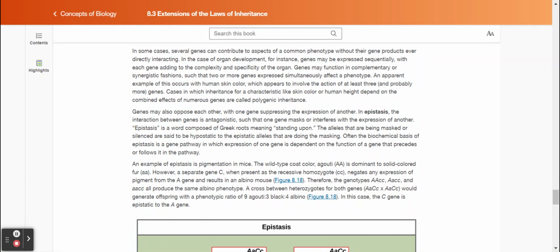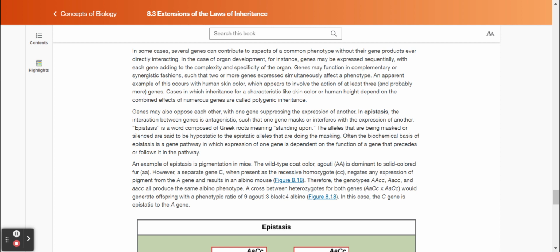In some cases, several genes can contribute to aspects of a common phenotype without their gene products ever directly interacting. In the case of organ development, for instance, genes may be expressed sequentially, with each gene adding to the complexity and specificity of the organ. Genes may function in complementary or synergistic fashions, such that 2 or more genes expressed simultaneously affect a genotype.